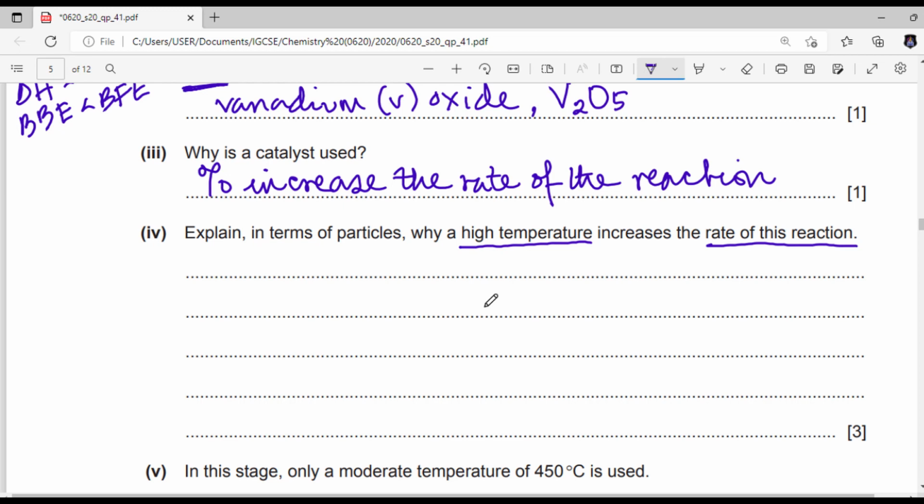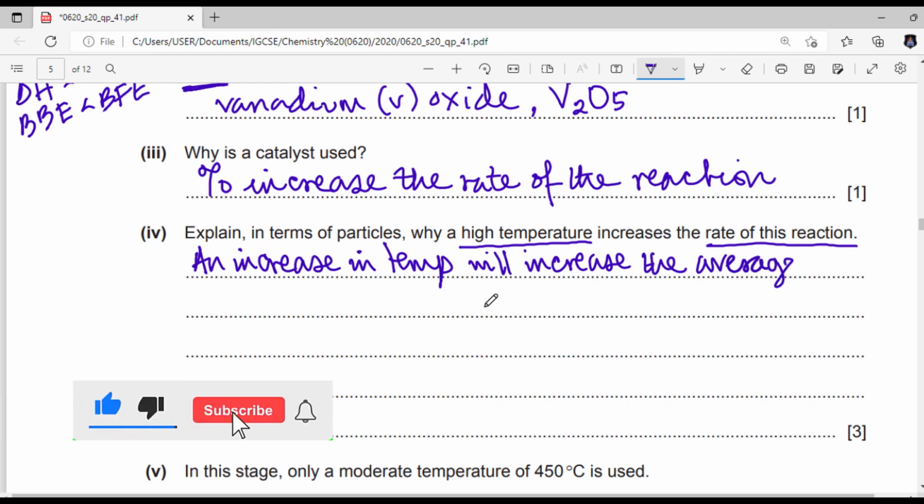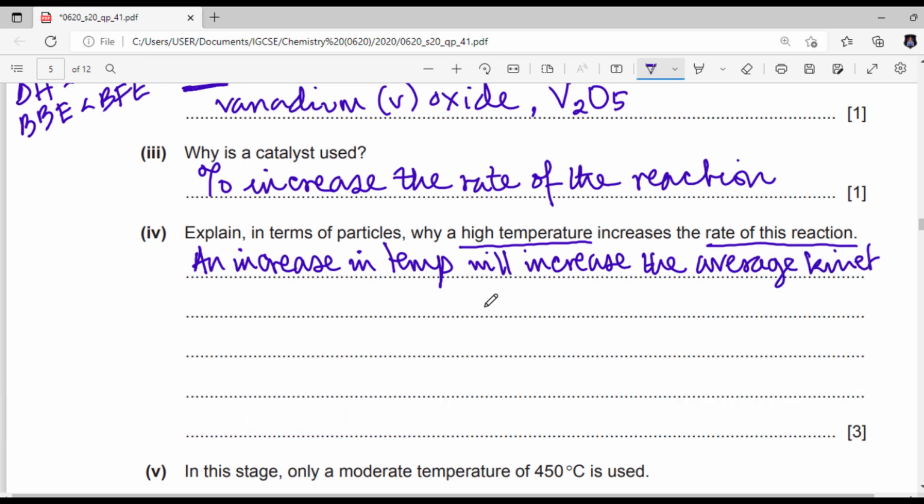When you change the temperature of a system, it will affect the average kinetic energy of the particles. So an increase in temperature will increase the average kinetic energy of the reactant particles.